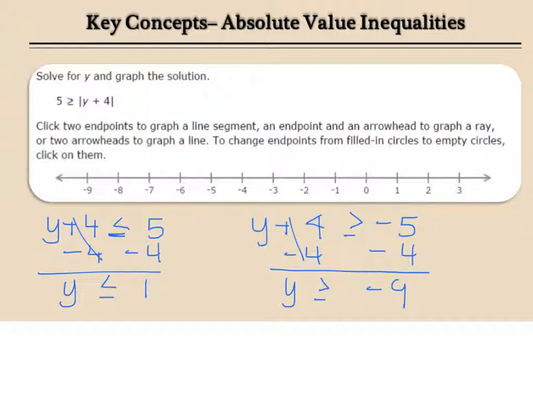So y is less than or equal to 1. I make a circle there. It's greater than or equal to negative 9. I put that there. And I connect my dots because it is an "and" inequality. Let's try another one. And if you're not sure what I did, rewatch this example again.